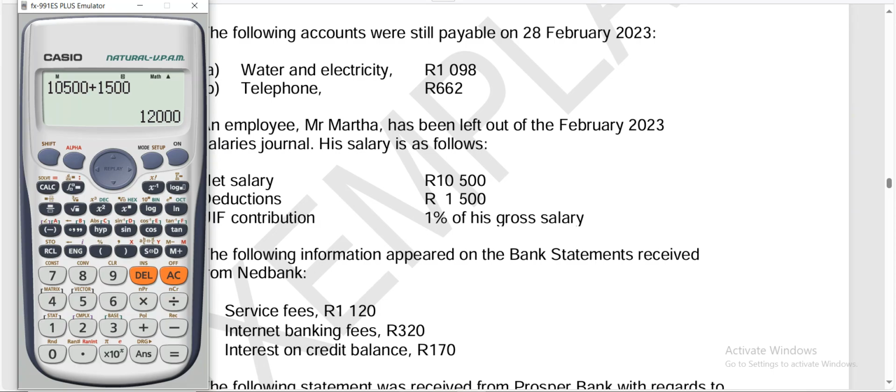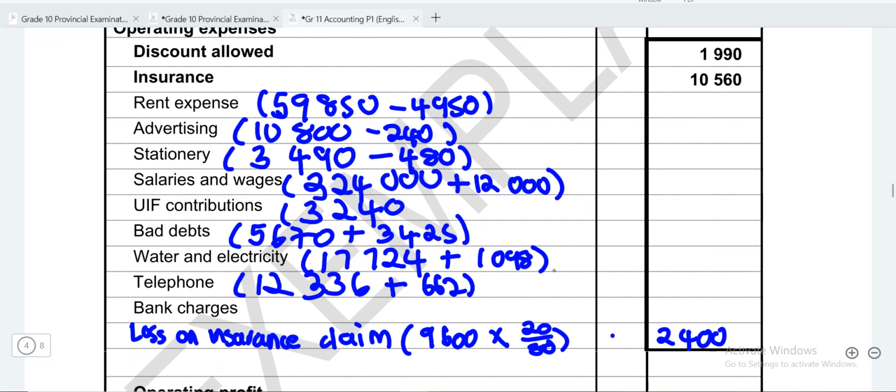So if we say 12,000 multiplied by 1 divided by 100, it is going to give us 120. So on contributions we would say plus 120, and then from there we can go to the next transaction.